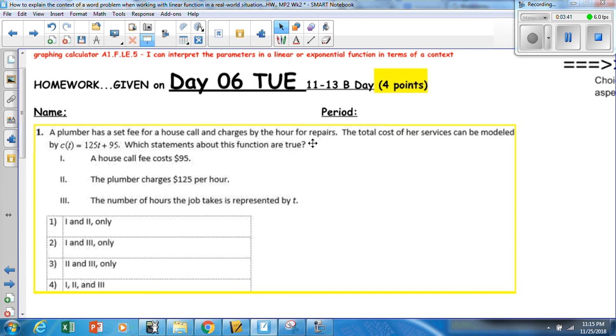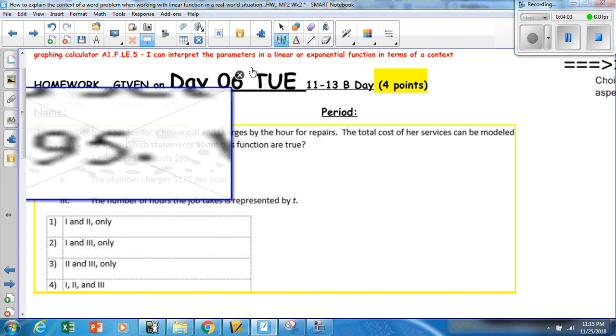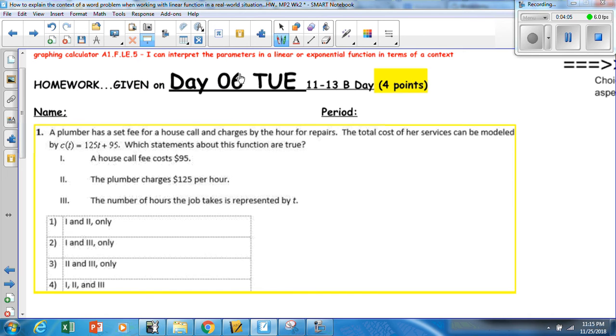So we know that the original fee for the house call is $95. Now we also know after that $95, for every hour he's working, he's charging $125 per hour. So let's take a look at options for the answer.